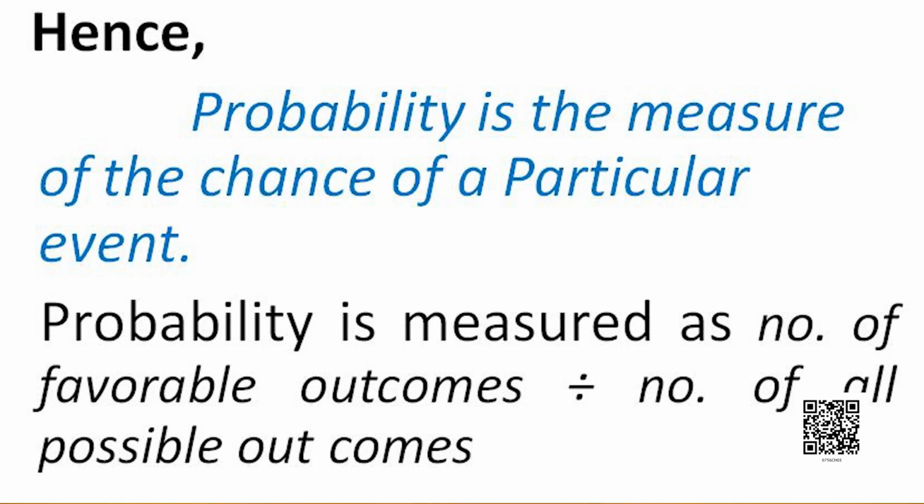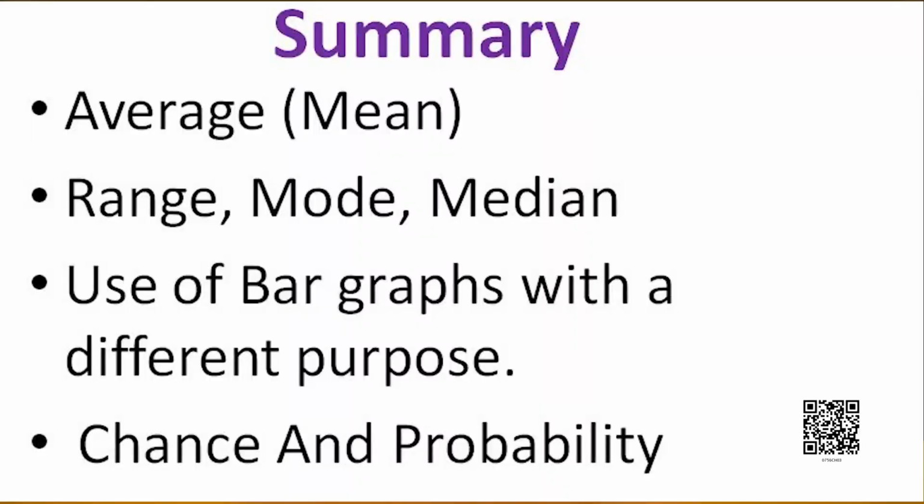This is called the probability of happening of any event. So we have studied average, which is also known as mean. We have studied range, mode, median. What else? Use of bar graph, chance or probability of happening of any event.